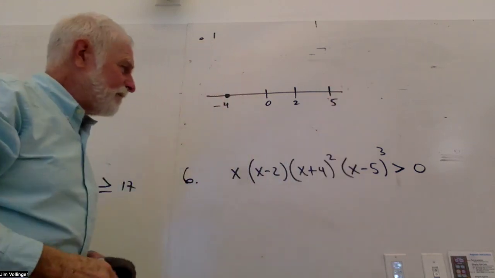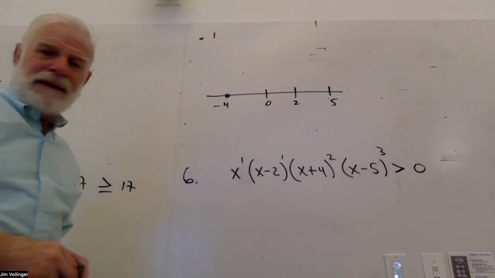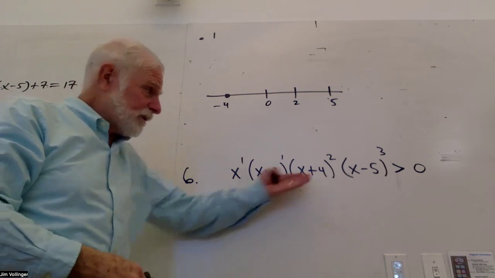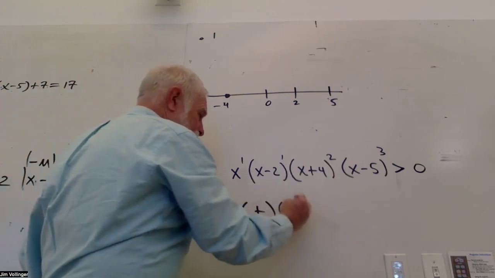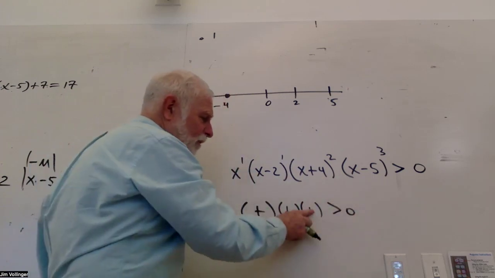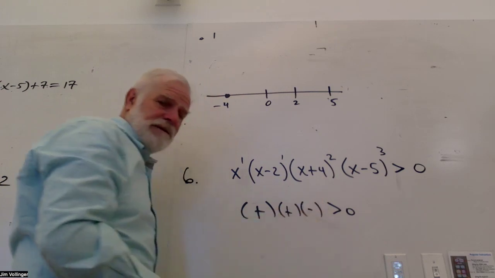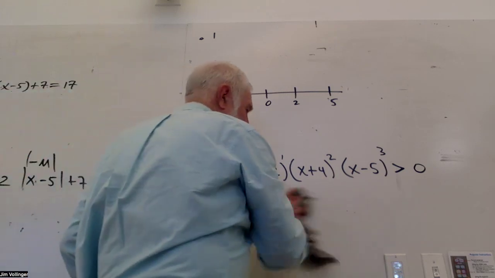Right? Obviously, it has something to do with whether the exponents are even or odd. And sign changes, because this is a product. What's a positive times a positive times a positive? Yeah, that's greater than 0. But what happens if one of them changes signs and the other doesn't? Well, it's not true anymore. And that's what we're going to be looking at.